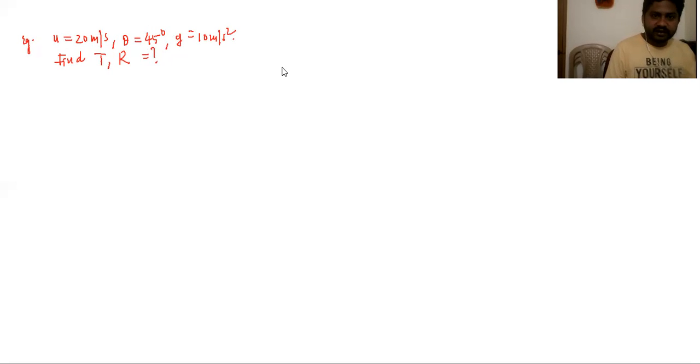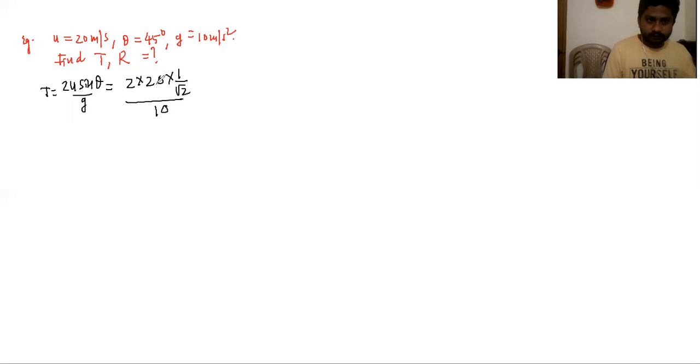What is the time of flight expression? Time of flight is equal to 2u sine theta by g. So that is 2 into u, sine 45 degrees is 1 by root 2, divided by g, which is 10. Okay, that's it.